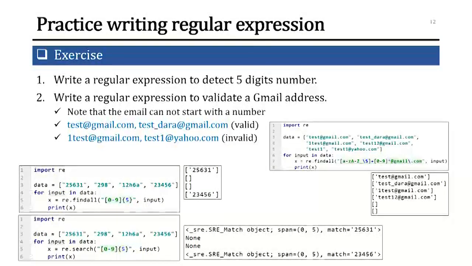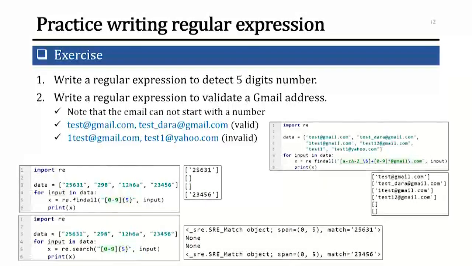As we remember from the previous special character set. And next, it can contain any letters. And after the letters here, it must be @gmail.com. For the dot symbol, if we use only a dot, that means it matches any character, right?